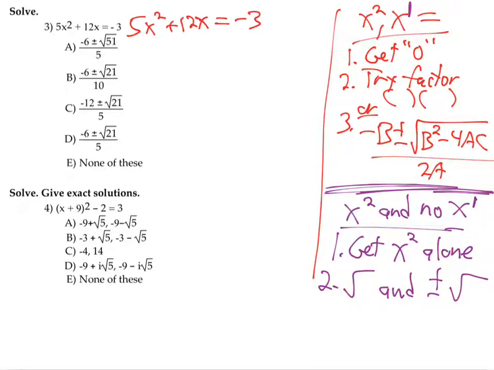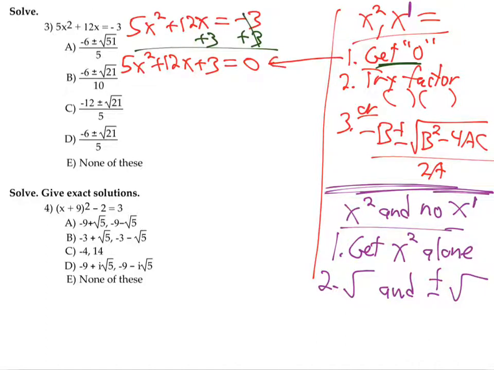And so I need to get x, first step is get a 0. So add 3, boom. That'll give me 0. 5x squared plus 12x plus 3. Good so far. So step 1, get a 0.